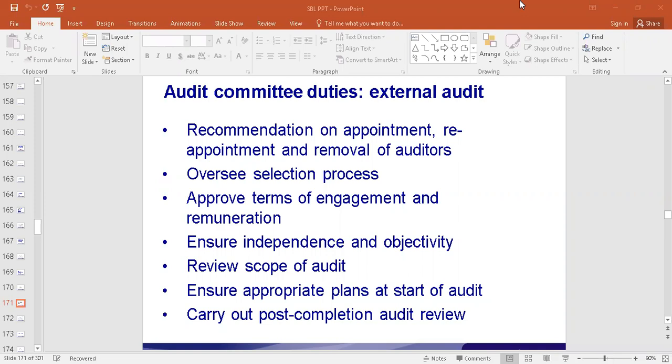Did they achieve what they intended to achieve? So there should always be a post completion review, either in audit work or investment in some project. If the project work is completed, that is not sufficient. Later on, it also has to be looked into how the work was completed. Maybe there is a better way to do it. So the last thing is that a post completion audit review also has to happen.